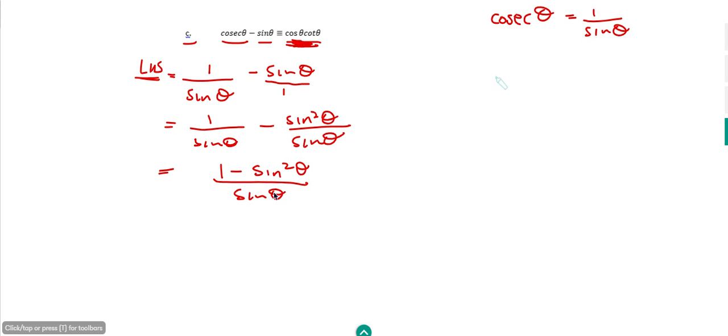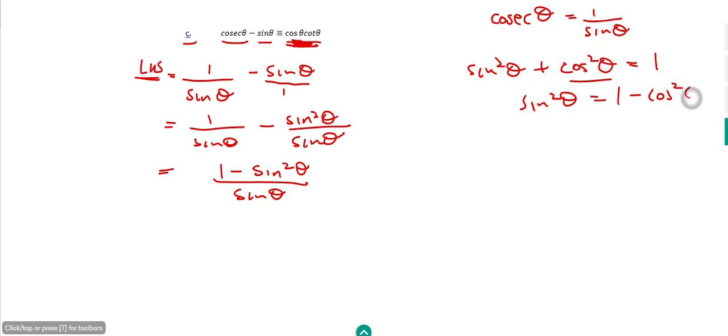And again, if we remember the identity for sine squared and cos squared, if we take away cos squared from both sides, then we end up with sine squared theta equals 1 minus cos squared theta. And actually that's not the order I really want it in. I'm going to do the opposite.